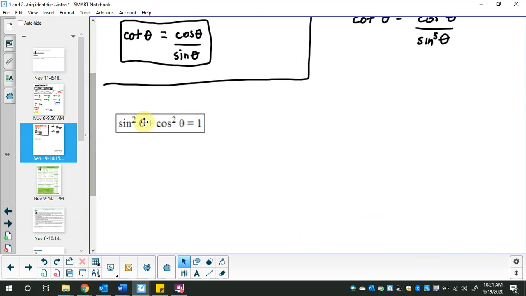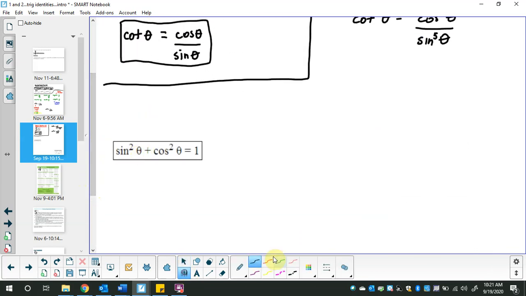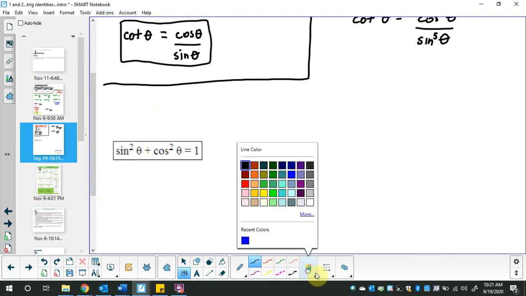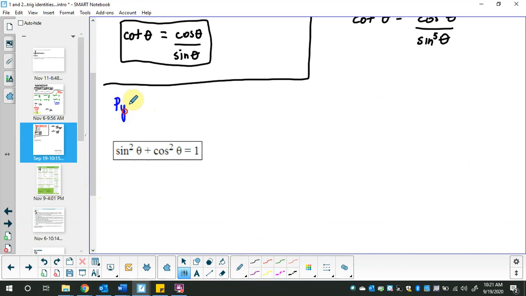Everything comes from this one, and this one is called one of my 9, almost wrote theorem there, Pythagorean identities.